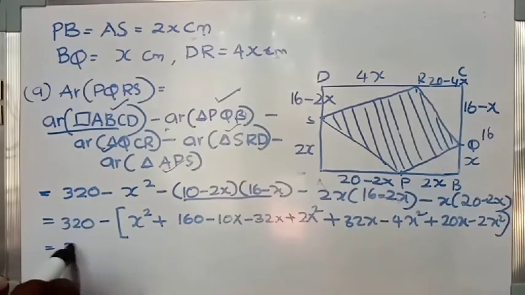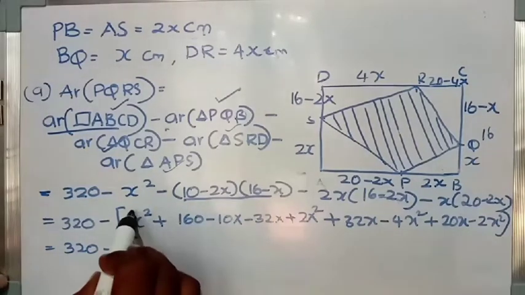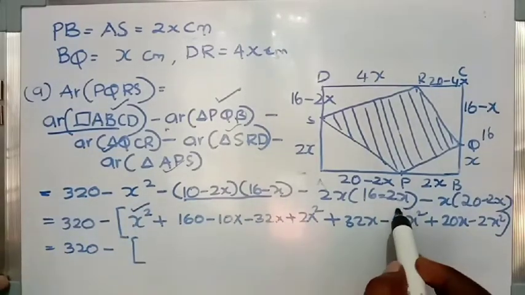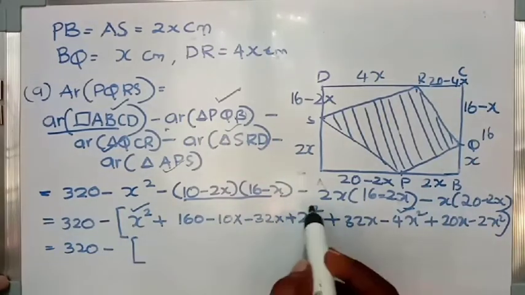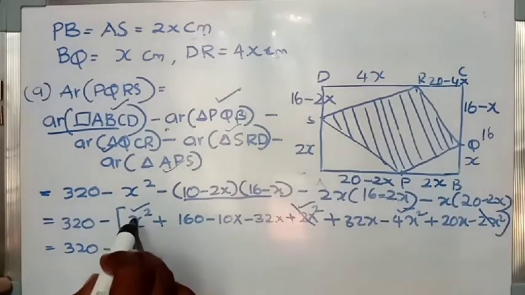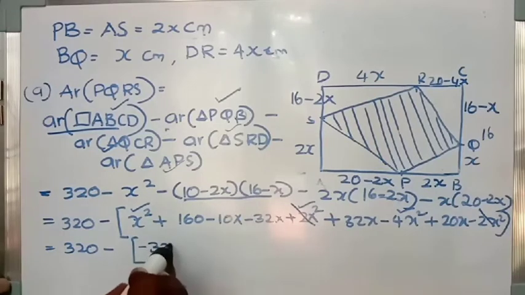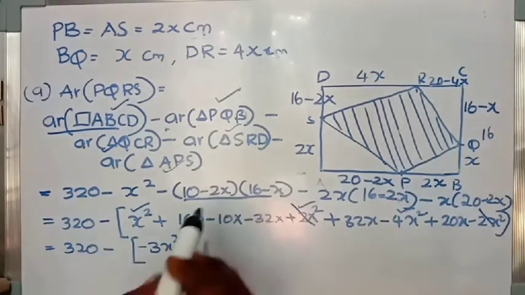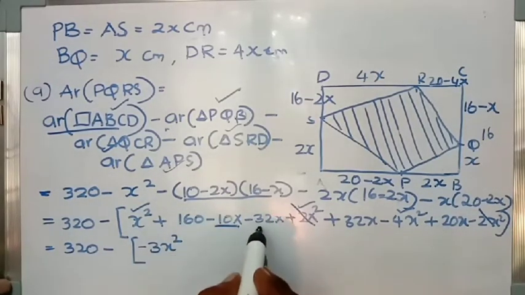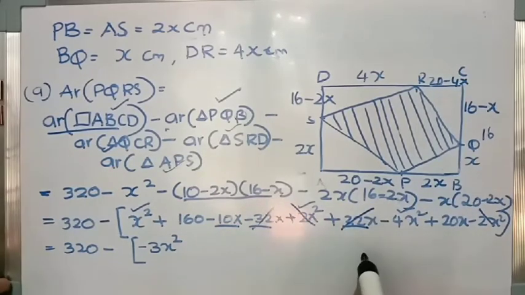that's equal to 320 minus, now like terms, x squared minus 4x squared plus 2x squared. So 2x squared minus 2x squared get cancelled here. Remaining we have x squared minus 4x squared, that is minus 3x squared. Now x terms: minus 10x minus 32x plus 32x, minus 32x plus 32x get cancelled.